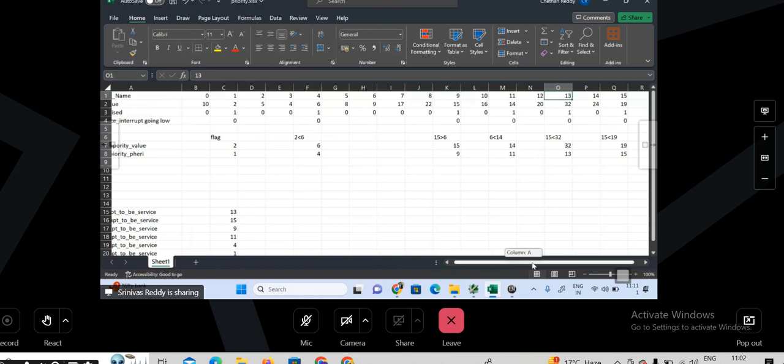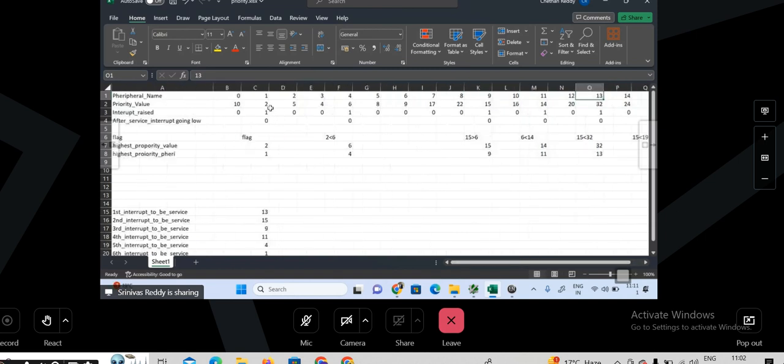What is highest priority value as of now? Correct? First iteration, this is equal to 1. Then what I'm doing? I'm making this flag to 0. Did you understand?